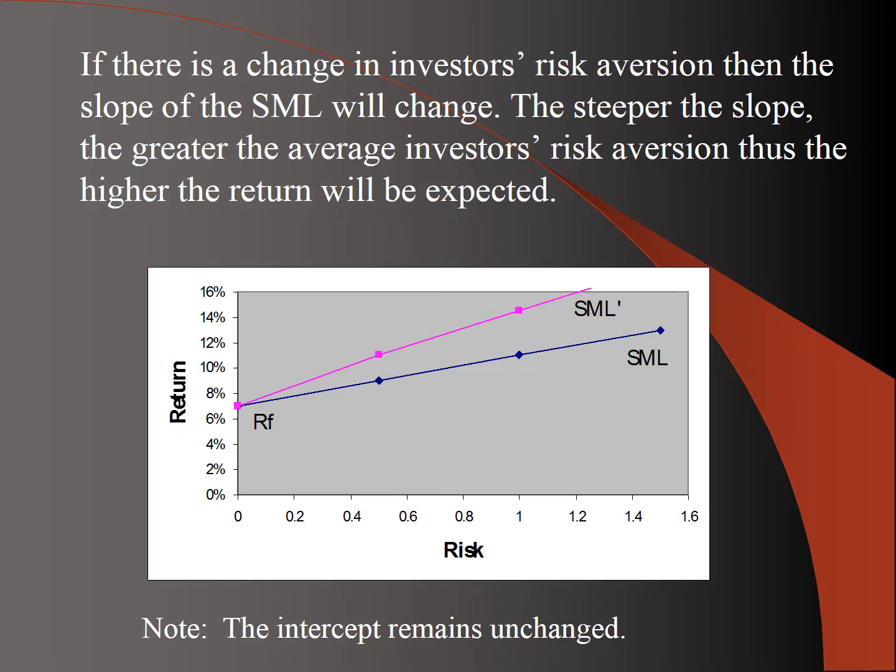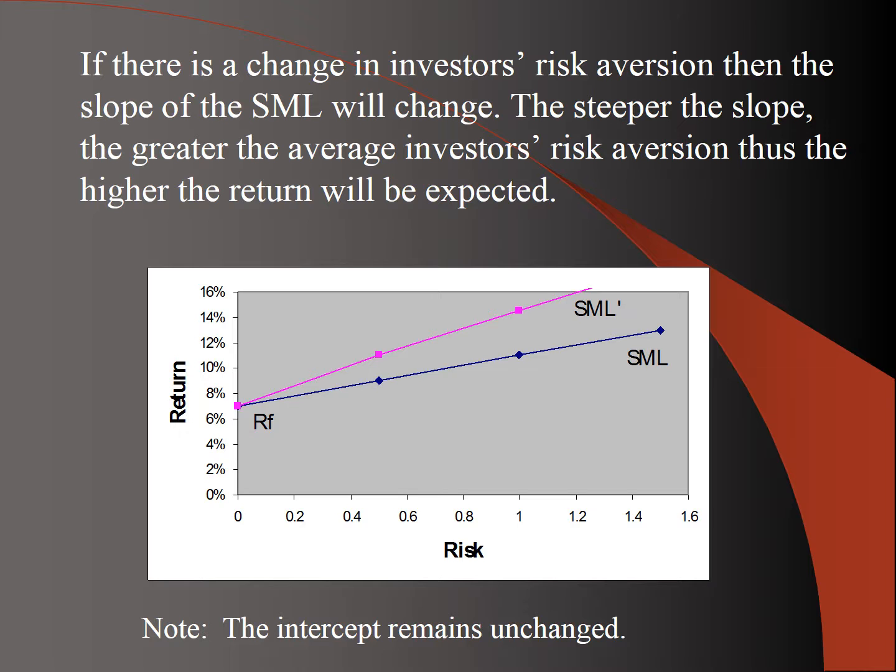Investors' risk aversion will increase maybe because the economy's not doing well, people are losing their jobs, and a lot of layoffs are going on. When that state of the economy occurs, investors start worrying about holding on to riskier assets, and they start investing in risk-free assets instead.